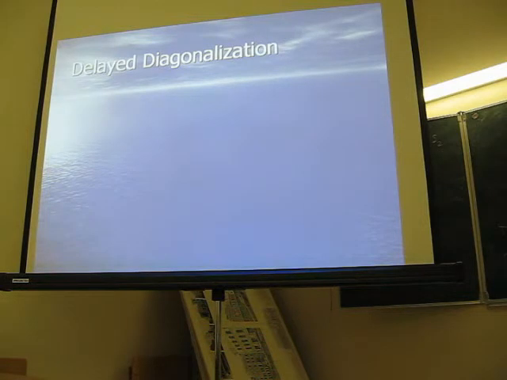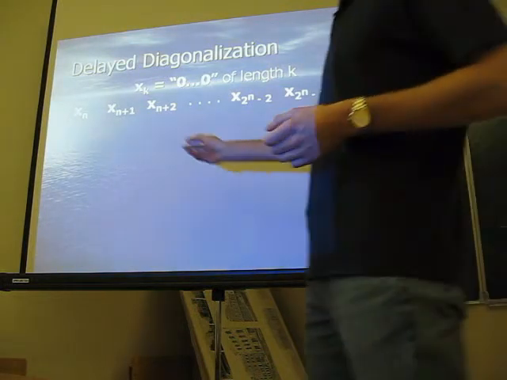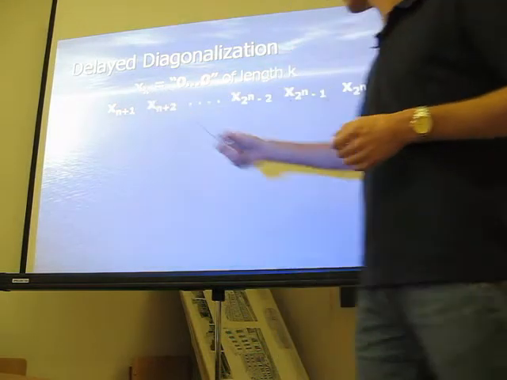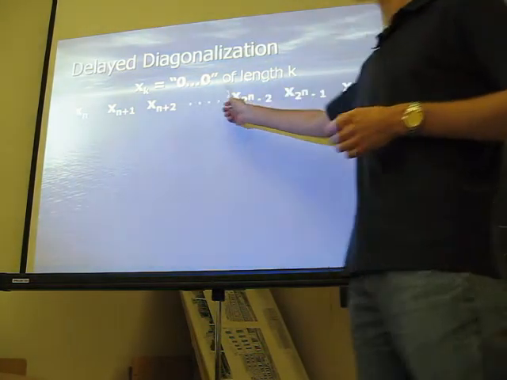Now let us see how we can fight this problem. The trick is called delayed diagonalization. Instead of one input, I want to teach machine B to disagree with machine A_i. For that, let me choose a number of different inputs. Let x_k be a string of length k that consists of zeros only.